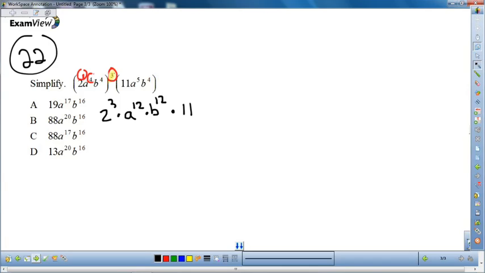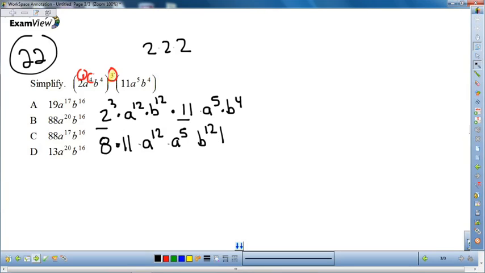And then the second one is just going to stay the same. So what I'm going to do is put my numbers together. 2 to the third is 2 times itself 3 times. And I'm going to put my a to the 12, a to the 5th, b to the 12, b to the 4th together. So I'm going to have 8, a to the 17, b to the 16.